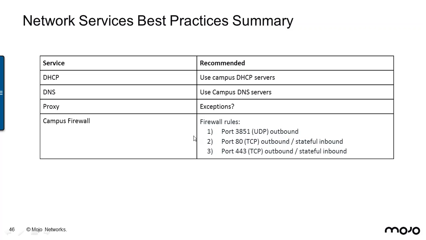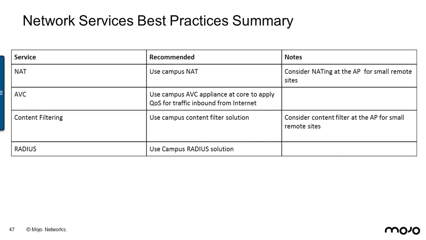And of course, for a firewall, we're recommending that you use the campus firewall. You don't use the firewall built into the AP, and we put the ports there that you want to add rules for. NAT, same thing. Use the campus NAT. The AP can do NAT, but you don't want to do that for a campus deployment. AVC, the AP can do AVC, but that's out at the edge, the access, right?